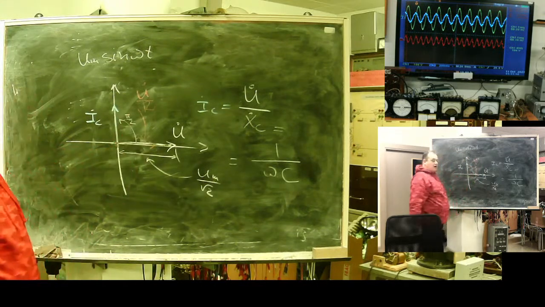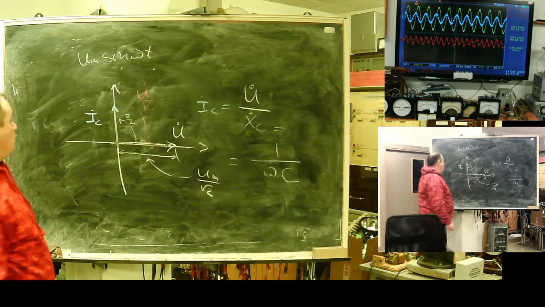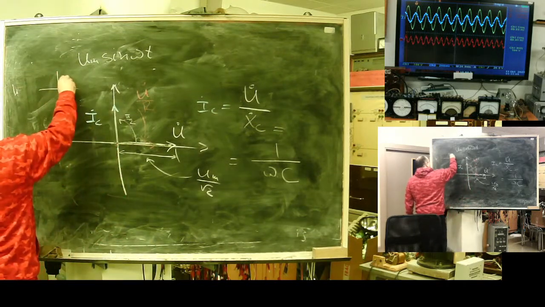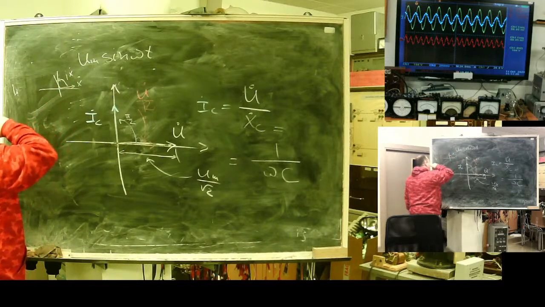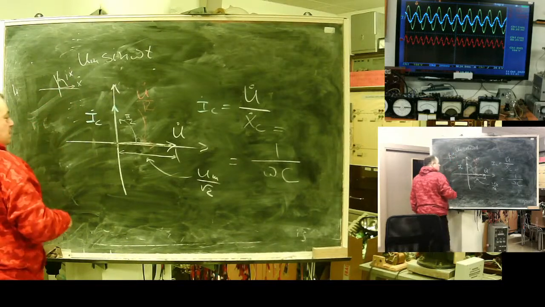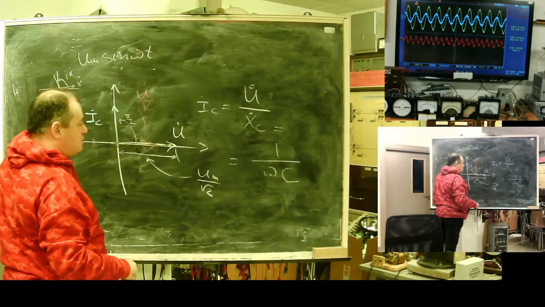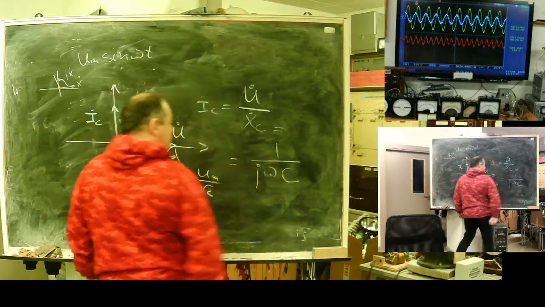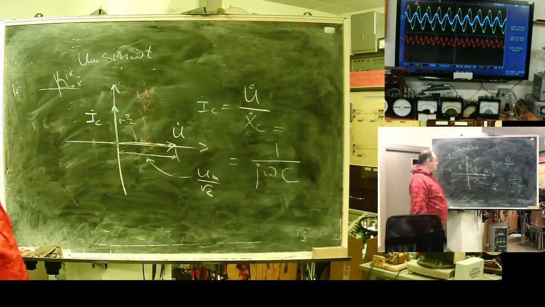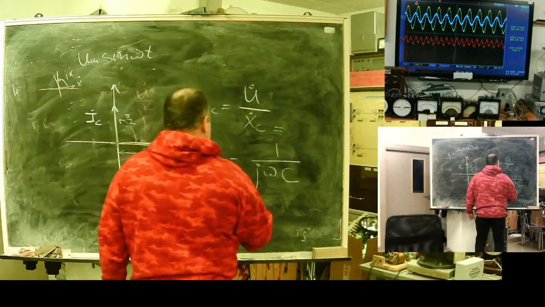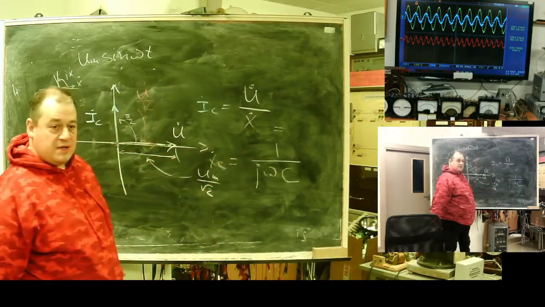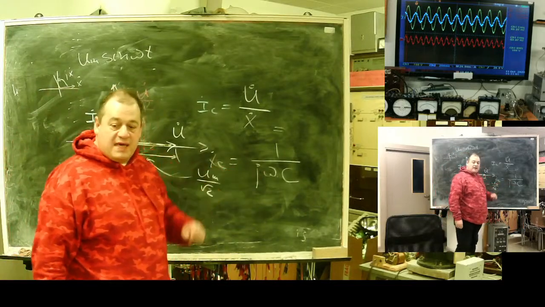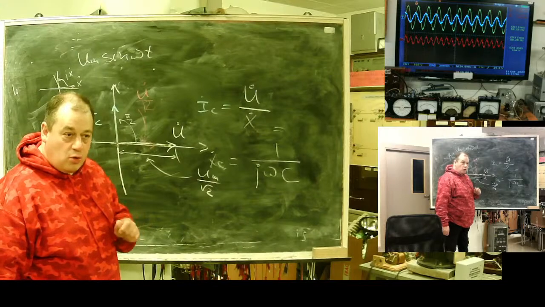And 90 degrees forward is like multiplying by j, or division by minus j. So, introducing an imaginary resistance of the capacitor, we will get Ohm's law.